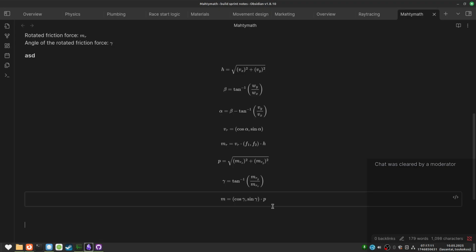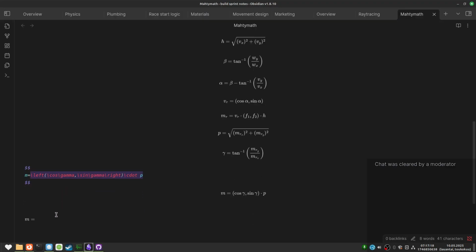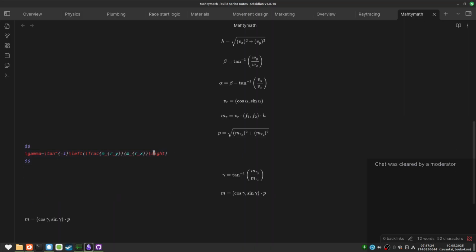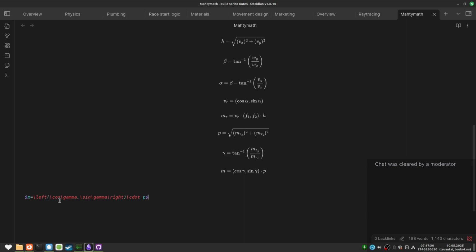Alright, let's just try substituting everything in and seeing what kind of a monster we have. We have this here. I want to get gamma. Gamma is just this.